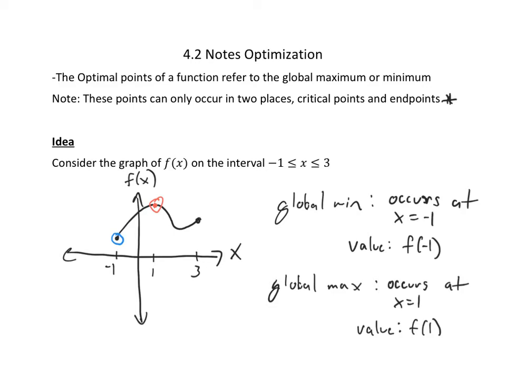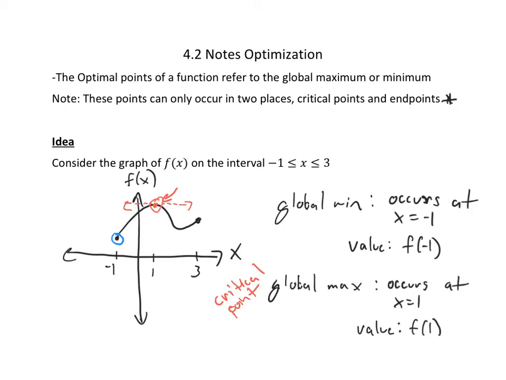The global maximum, or this point here, actually occurs at a critical point. Why am I saying that's a critical point? Well, if you recall, critical points are where the derivative equals 0. In other words, the slope at that point would be 0, and that's a critical point.